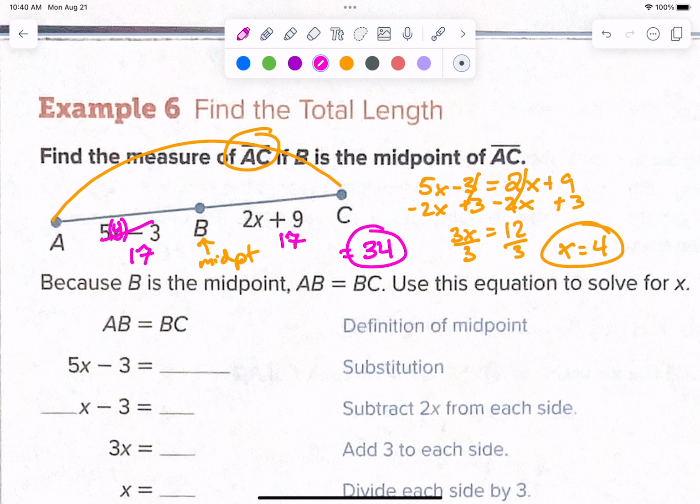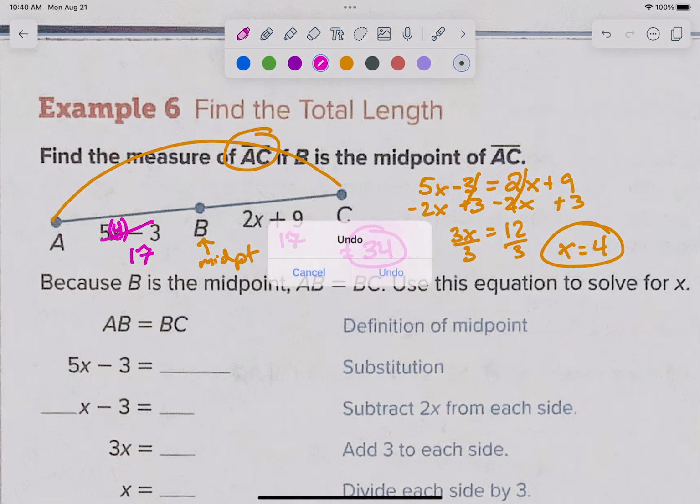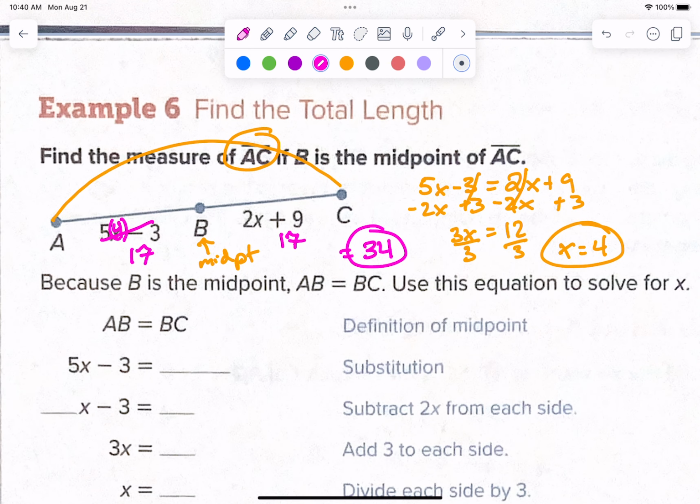Now what happens if they didn't tell me that that was the middle? What if this guy wasn't the middle? Would we set them equal if that wasn't the middle? No, what do we have to do instead? If this guy wasn't the middle, we wouldn't know necessarily which side was bigger, right?